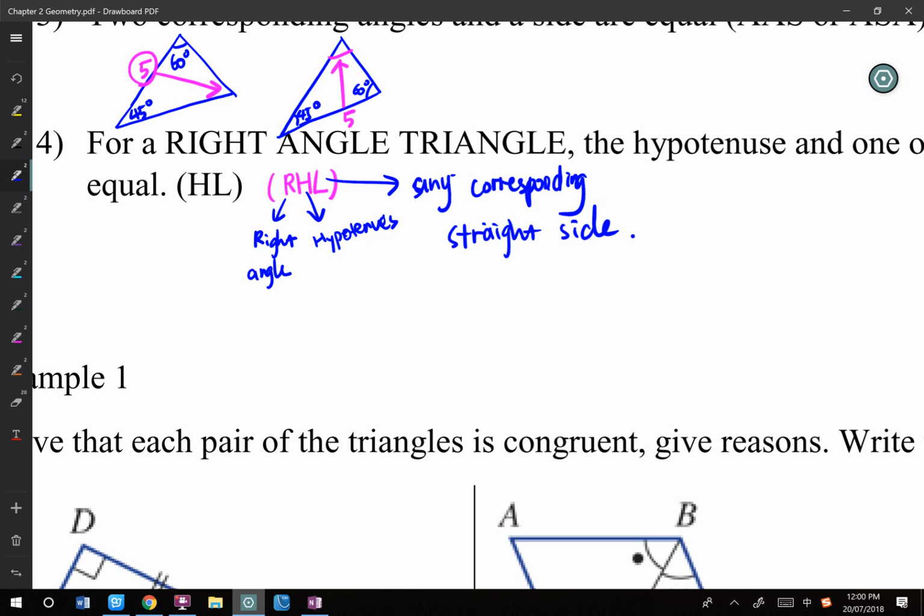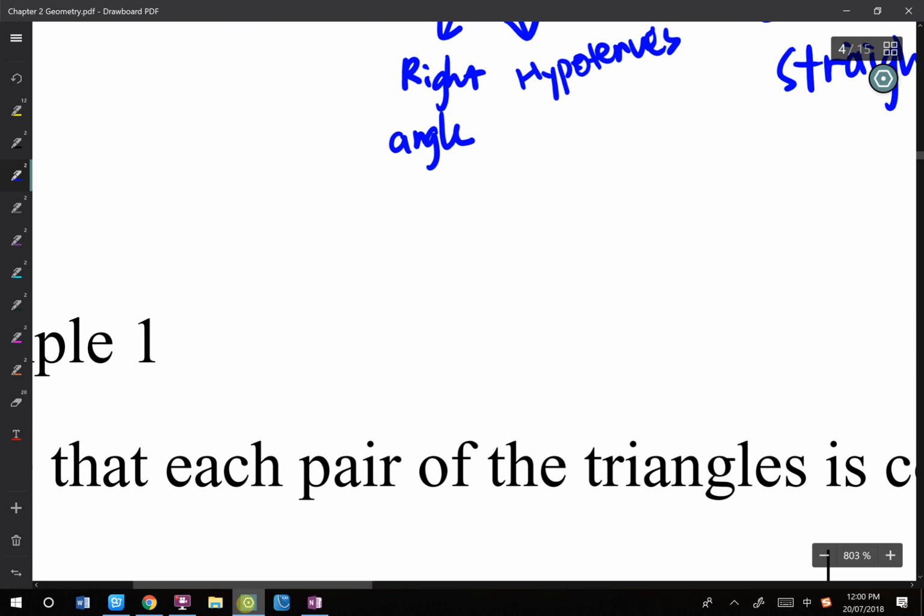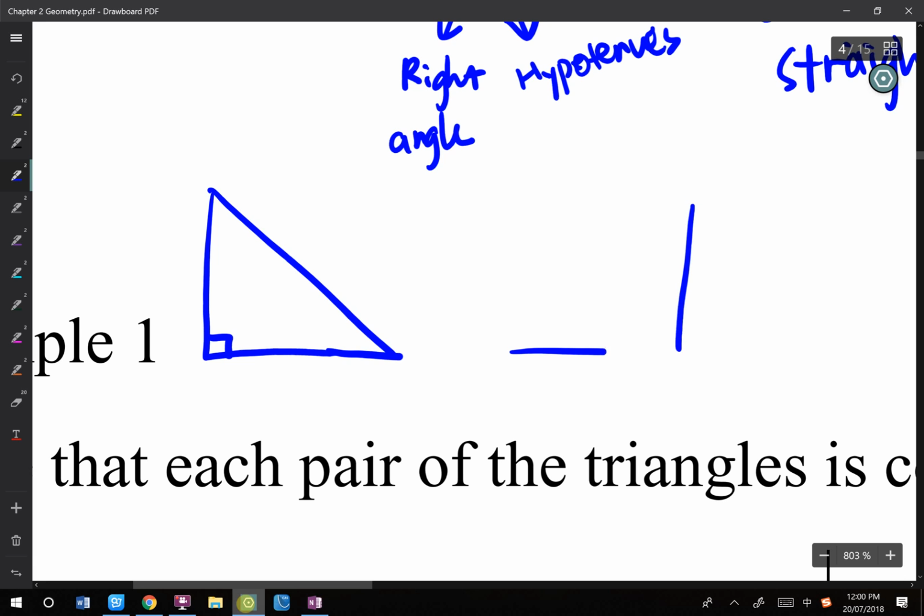Yes? Is RHL just the same as side angle side? It's a little bit different. I'll show you the difference. I'll show you 2 right angle triangles. For example, this one is a right angle triangle, and this one is a right angle triangle.